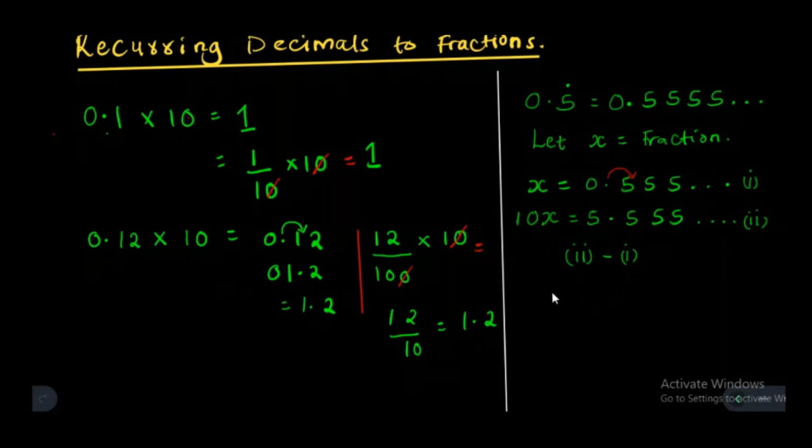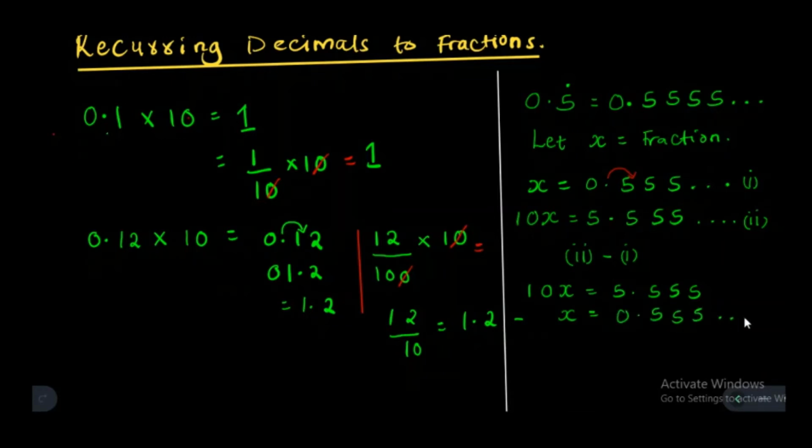Let me rewrite that so that you can follow it clearly. We have the second one, which is 10x equals 5.555. Subtract the first one, which is x equals 0.555.